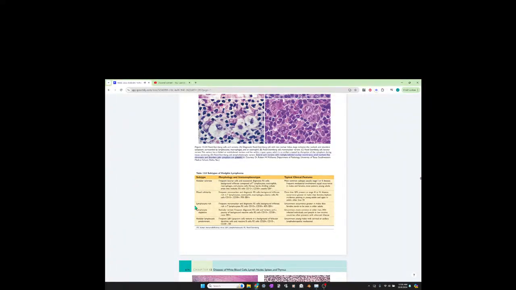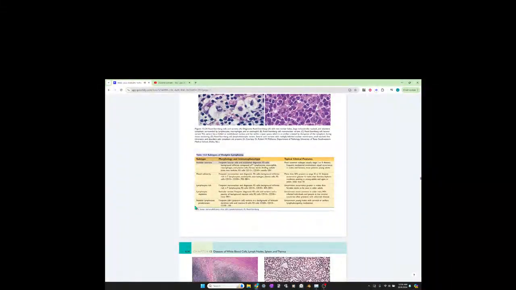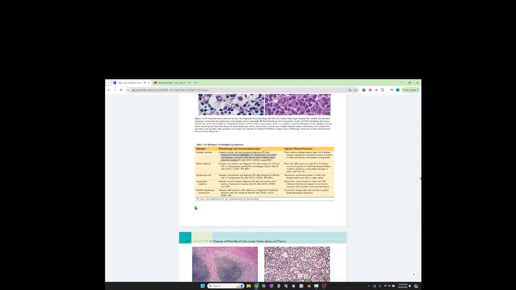Several such variants with multiply folded nuclear membranes, small nucleoli, fine chromatin, and abundant pale cytoplasm are present. Table 13.8 Subtypes of Hodgkin lymphoma, subtype morphology and immunophenotype. Nodular sclerosis: frequent lacunar cells and occasional diagnostic RS cells, background infiltrate composed of T lymphocytes, eosinophils, macrophages, and plasma cells, fibrous bands dividing cellular areas into nodules, RS cells CD15, CD30, usually EBV negative.